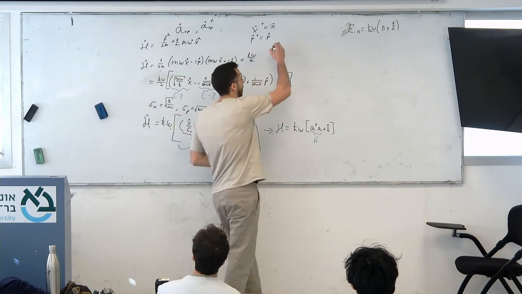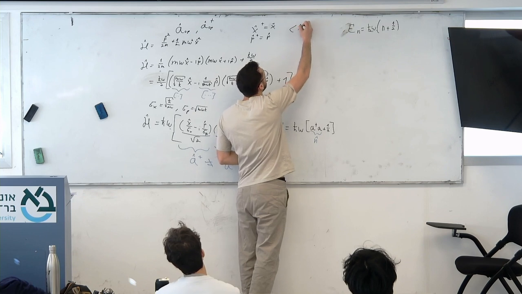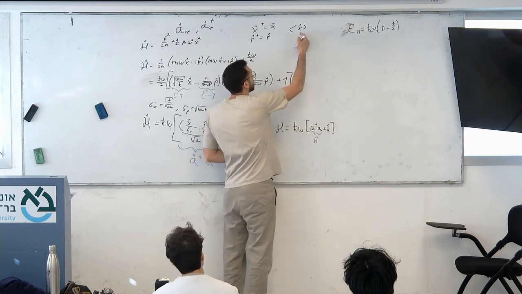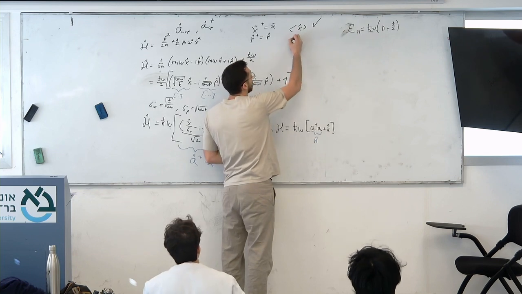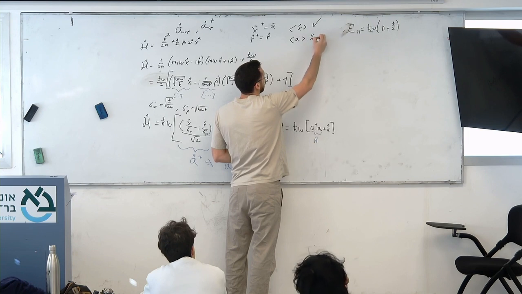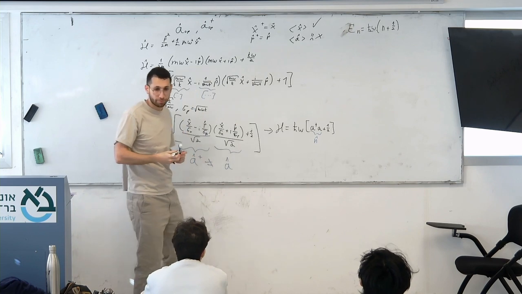I'm going to emphasize that for X, we can have the average or predicted value of the X operator. This has a physical meaning. But if we try to measure the A operator, it doesn't have a physical meaning. A or A dagger.